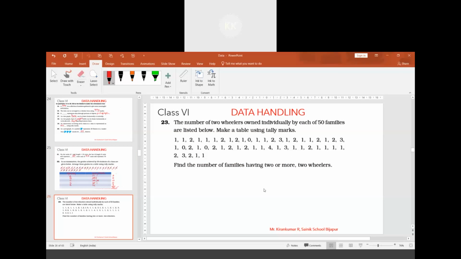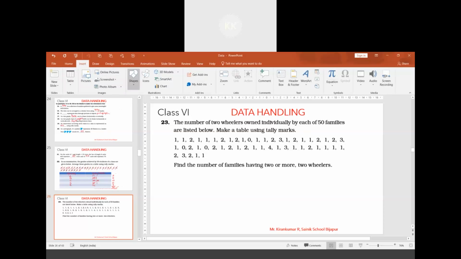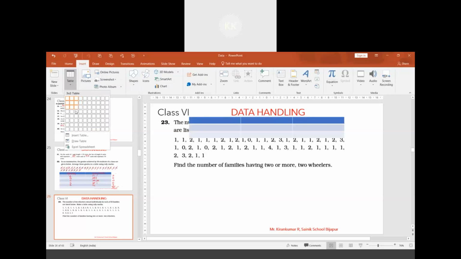Question number 23. The numbers of two-wheelers owned individually by each of 50 families are listed below. Make a table using tally marks. As we had done earlier, the same type of question, we have to make a table.